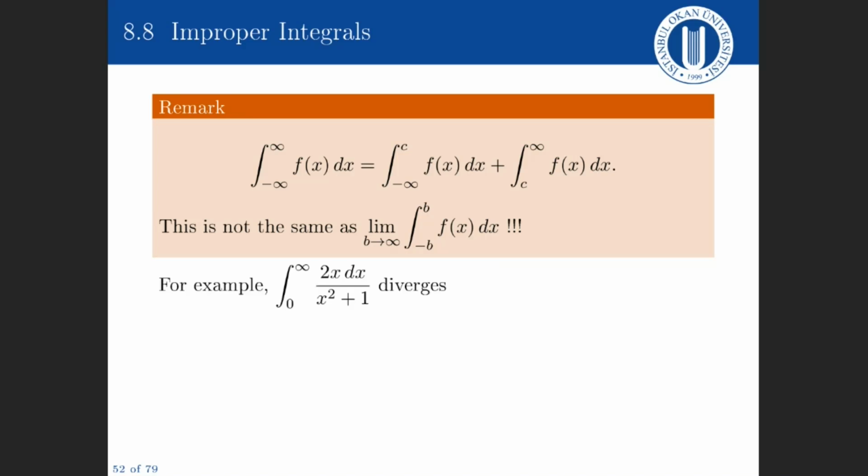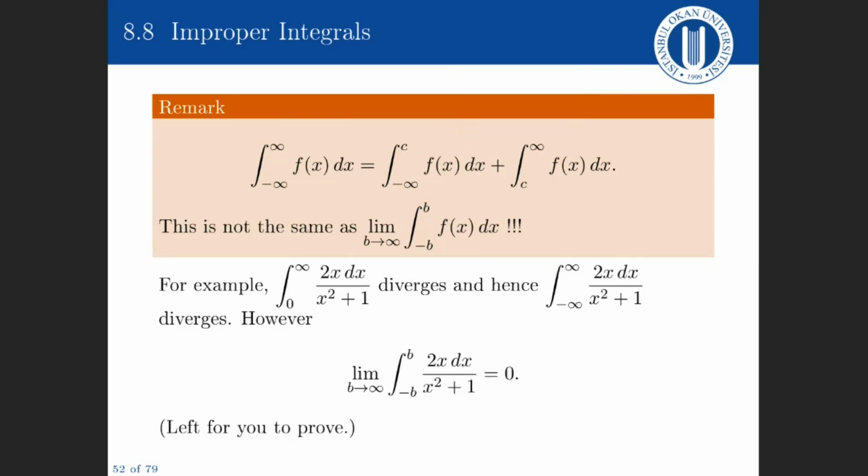For example, the integral from 0 to infinity, 2x dx over x squared plus 1 diverges. That tells us that the integral from minus infinity to infinity, 2x dx over x squared plus 1, also diverges. If at least one of these two integrals diverges, then the left-hand integral must also diverge.